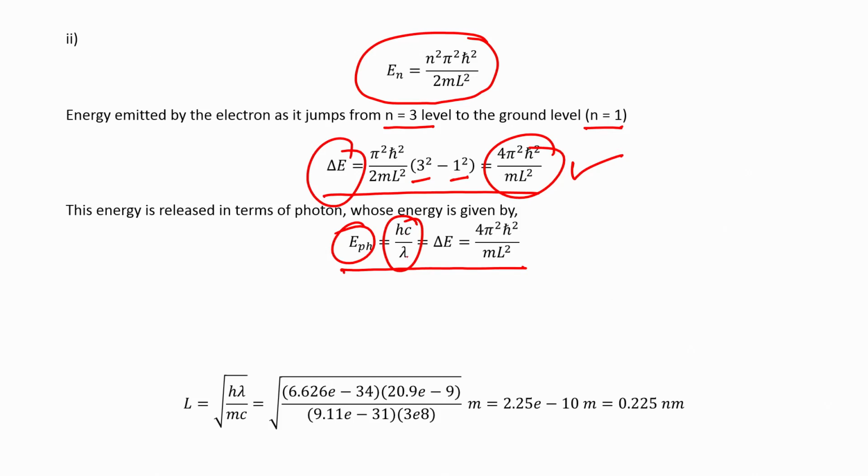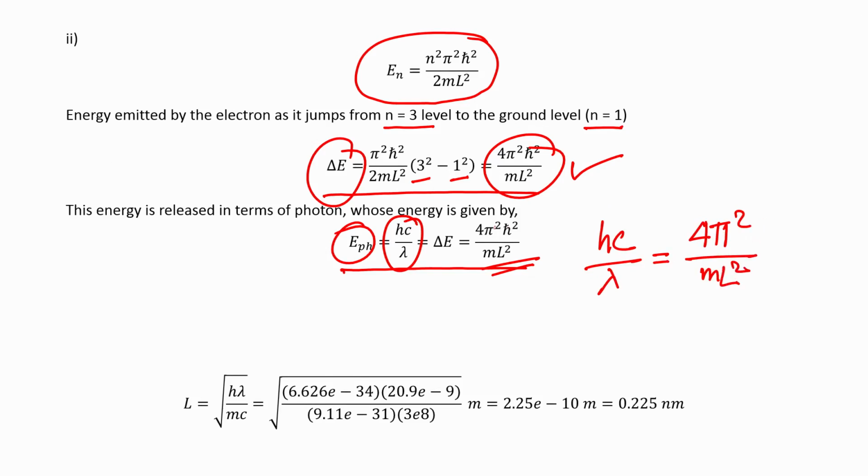So hc by lambda should be equal to 4 pi square h cut square by m L square. Let us just do some simple algebra here. hc by lambda is equal to 4 pi square by m L square.